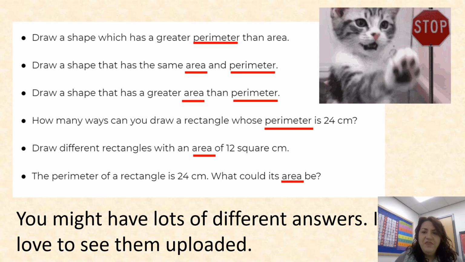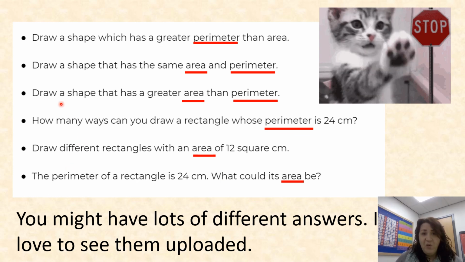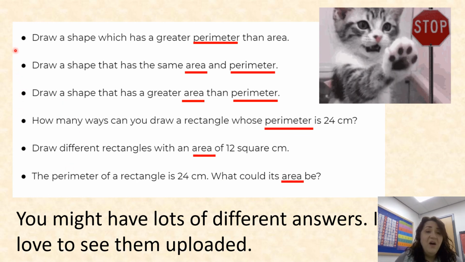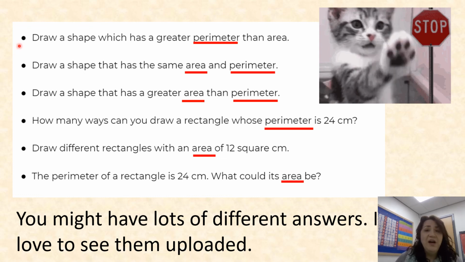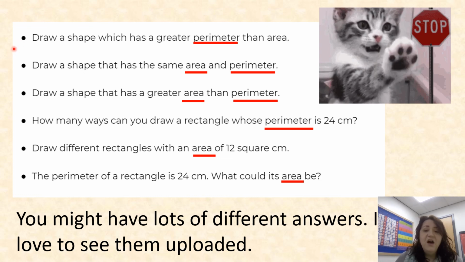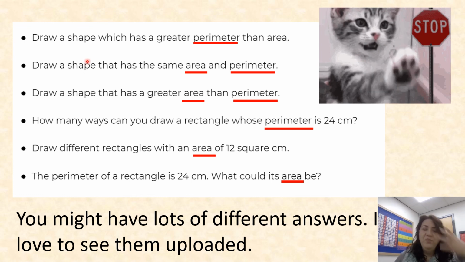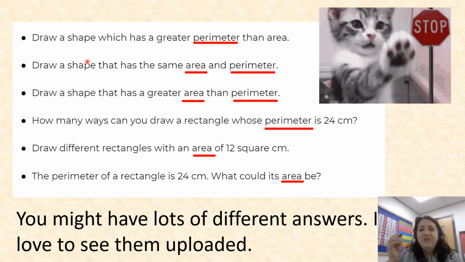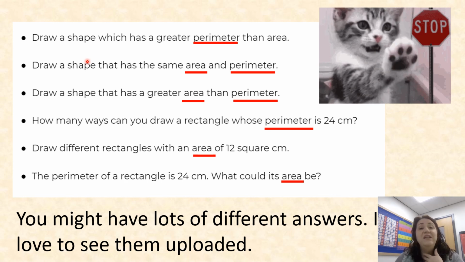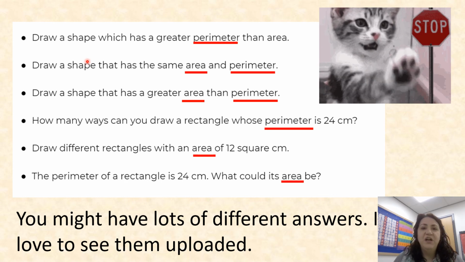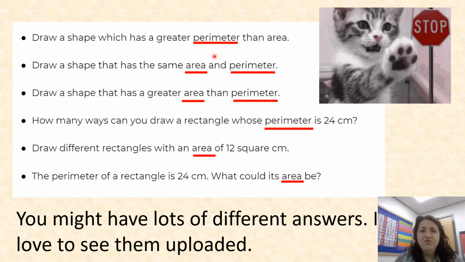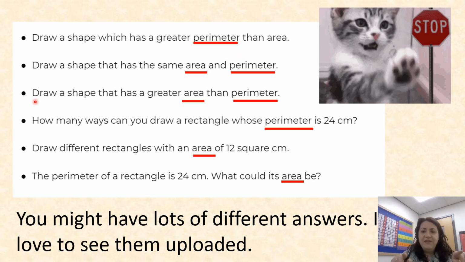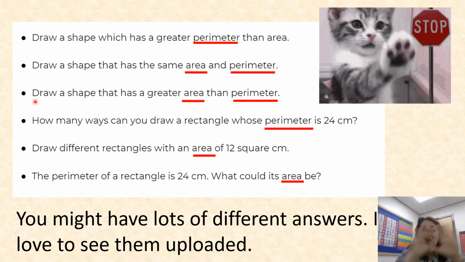Now, these are the activities I want you to have a go at. They are tricky. And there will be lots of different answers. You will all have different answers to each other for this, which is why I can't give you the answers because they're all sorts of different ones. But I'd love to see them uploaded to see how you've done. So the first question, I want you to draw a shape where the perimeter is greater than the area.